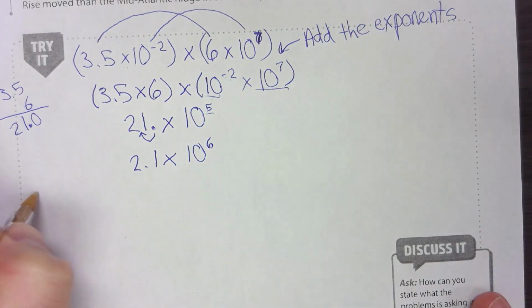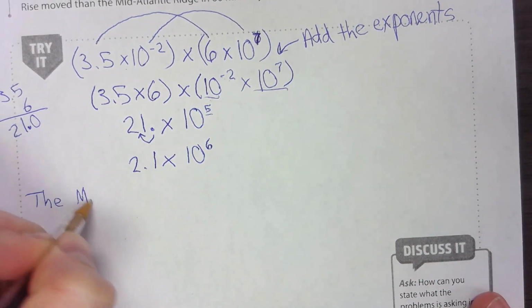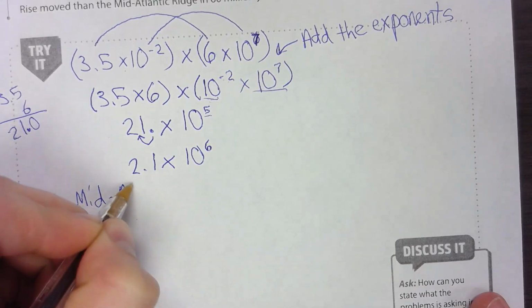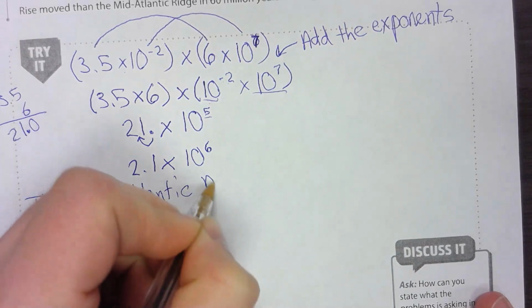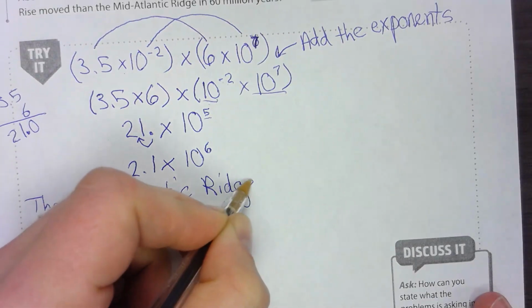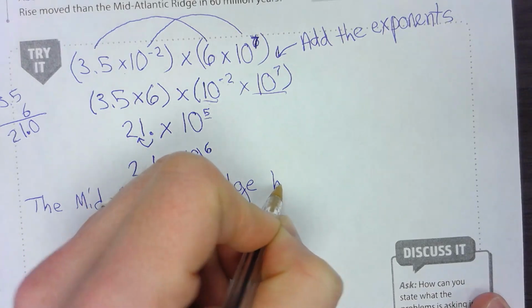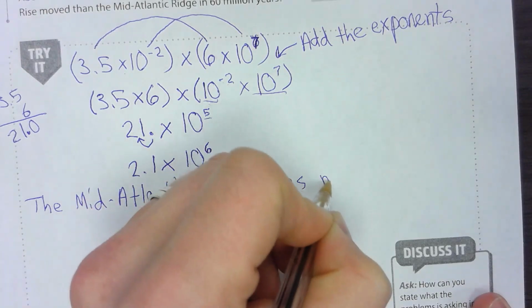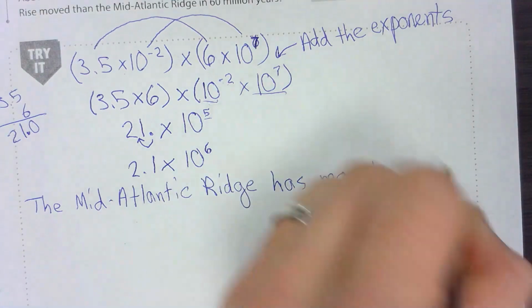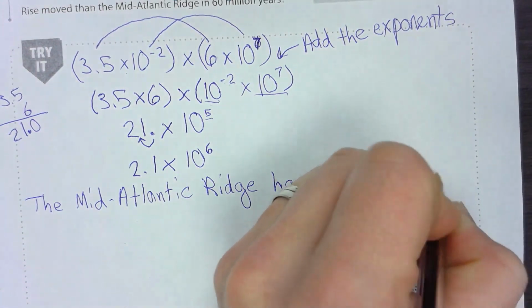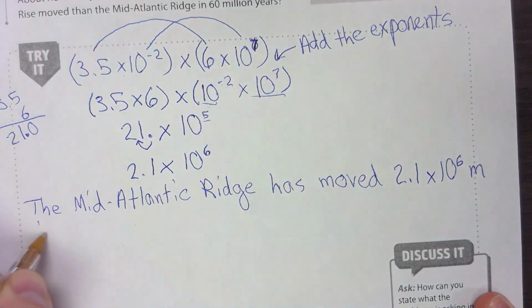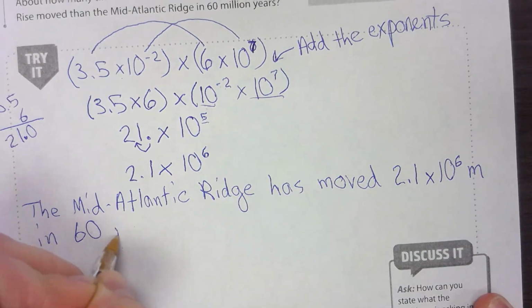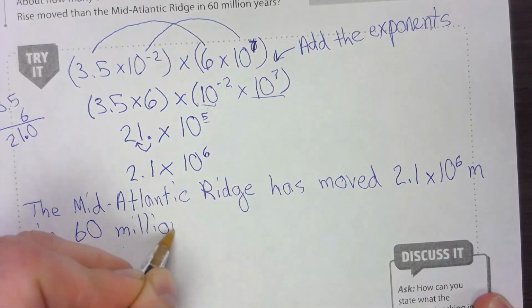Let's write that as a statement. The Mid-Atlantic Ridge has moved 2.1 times 10 to the 6th meters in 60 million years.